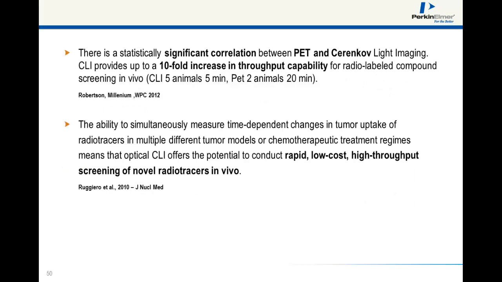When looking at the advantages of Cerenkov light imaging, Dr. Robertson from Millennium found the statistically significant correlation between PET and Cerenkov and the tenfold increase in throughput capability of Cerenkov light imaging versus PET imaging to be a significant plus. Drs. Ruggiero et al. also stressed the advantage of the rapid, low-cost, high-throughput screening methodology of Cerenkov light imaging.